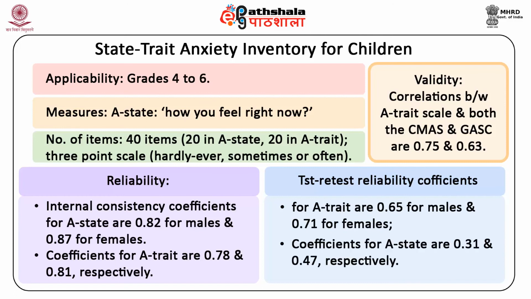Coefficients for A state are 0.31 and 0.47 respectively. Validity: correlations between the A trait scale and both the Children's Manifest Anxiety Scale and Generalized Anxiety Scale for Children are 0.75 and 0.63 respectively.